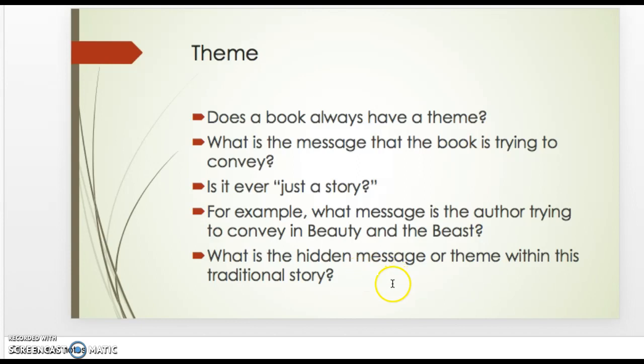Another hidden message or theme within this traditional story is again the subservience of women, in the way that Beauty is subservient to the beast. And even though Beauty reacts against this subservience, there's still that kind of message that's being conveyed.